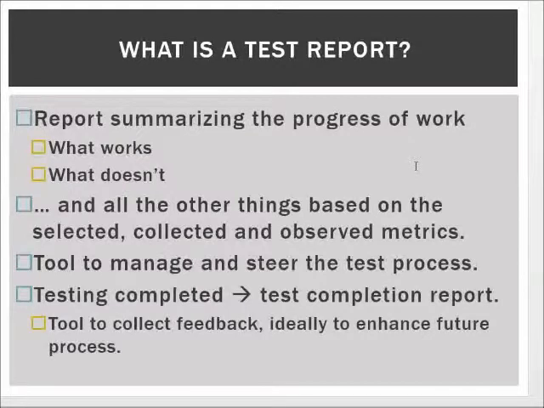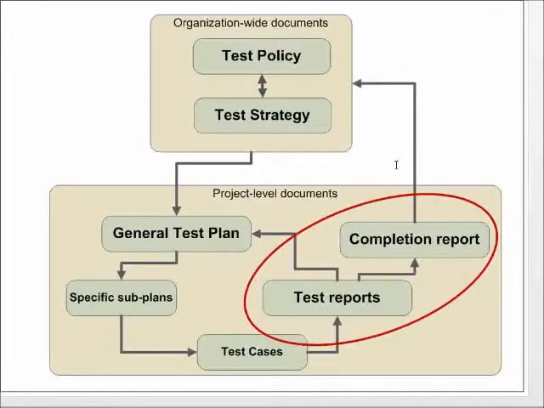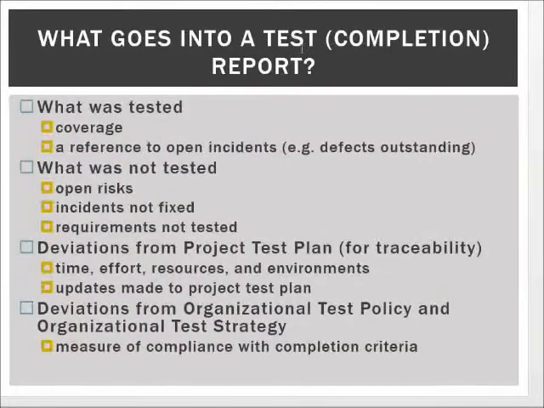It's a tool to collect feedback from the entire one phase or one method or one level of testing activities, and ideally it's used to enhance the future process of the testing work, meaning that the test strategy and the policy is updated. Like mentioned here, this arrow here means that the completion report tells how all these activities happened, so that these parts here can be enhanced for the future projects.